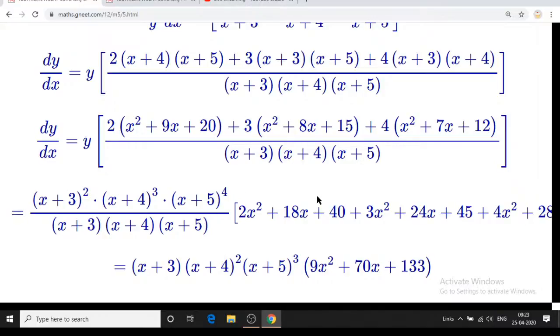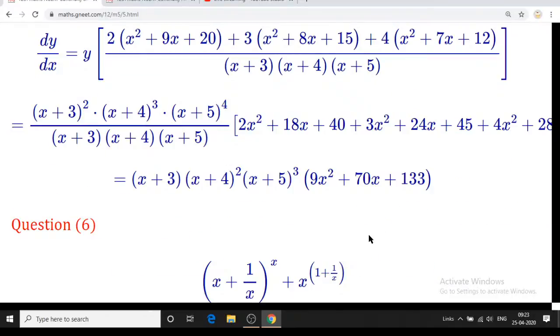We have simplified this completely: multiply all this and collect all the terms of x square. Naturally what we are going to get is 2x square, 3x square, 4x square, so that will be 9x square plus 70x plus 133. This is just the simplification part that you have studied in the lower classes. It doesn't require any derivative or any new maths to apply here.